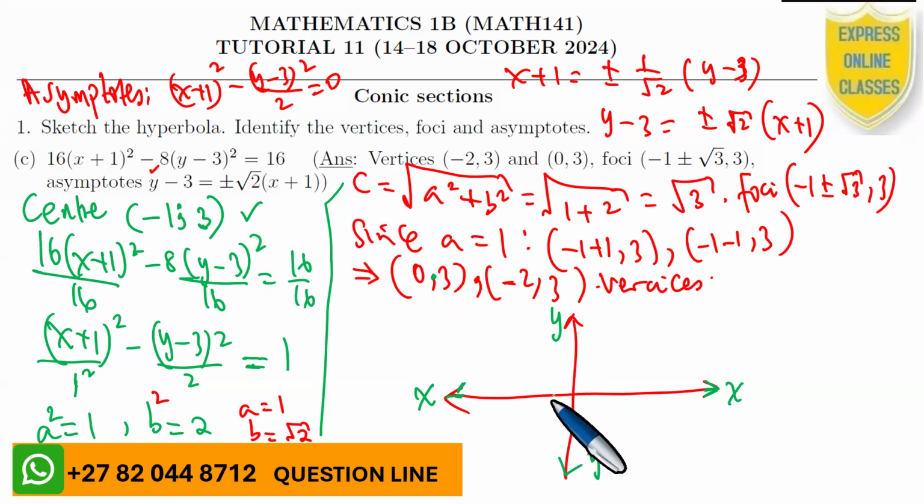Where y is 3. Here, it's very interesting. And then there's another point where y is 3, is this one. Here, x is minus 2 and y is 3.